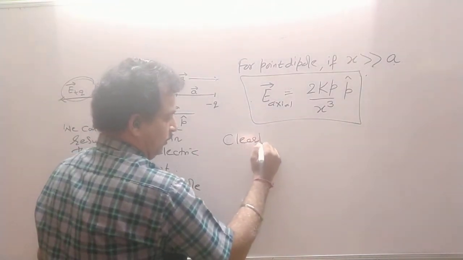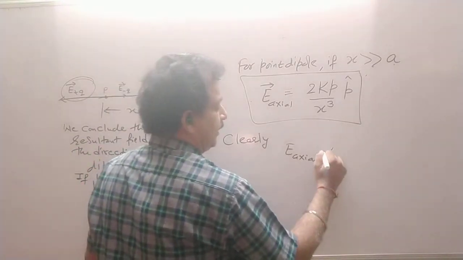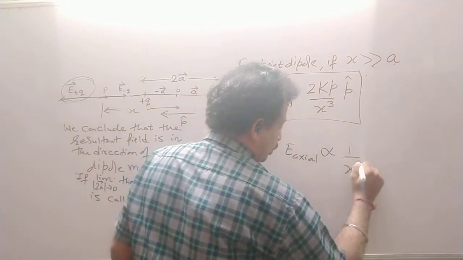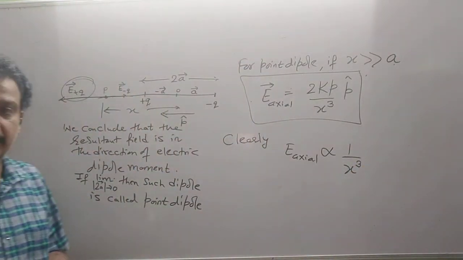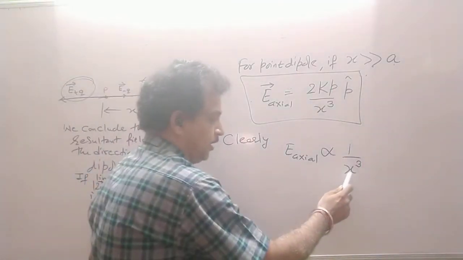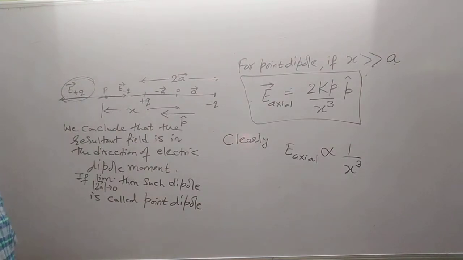Clearly, you have to remember this E axial is inversely proportional to the cube of the distance of a point. This x is the distance of a point from the midpoint or from the center of a dipole.